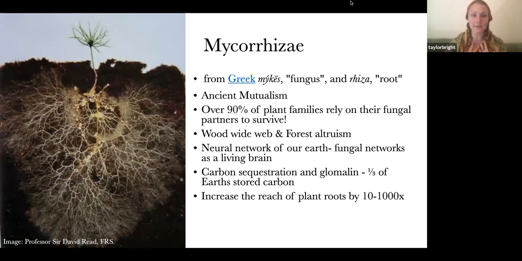And to me, it really feels like it is, in a way, the neural network of our planet. Think of the function of our brains, all these different neural pathways that are exchanging information and signaling, even electrically signaling. The mycorrhizae are doing the same thing in the soil. They're taking information and even electric signals and passing it back and forth between different plants through these fungal transportation highways. It's just absolutely incredible.